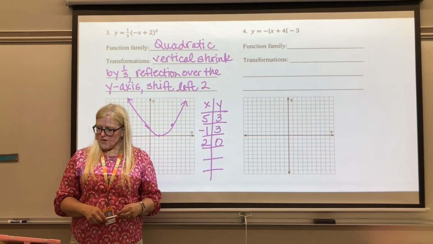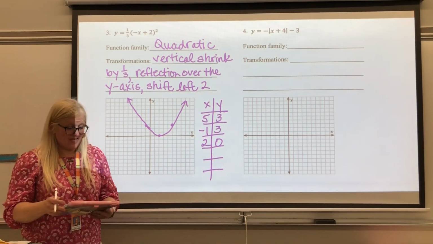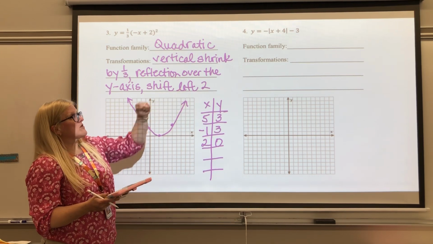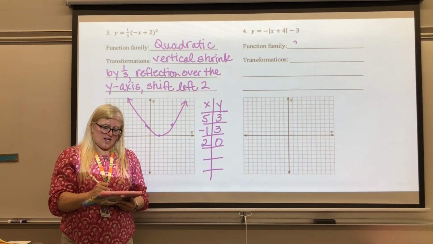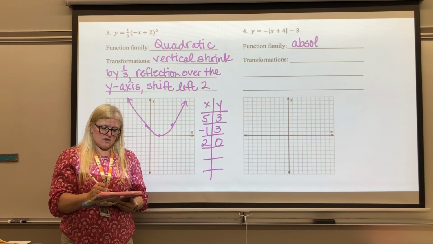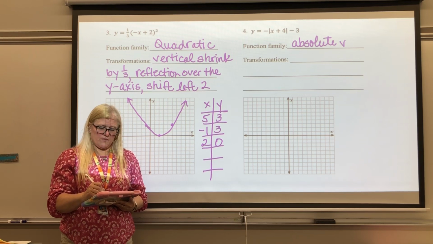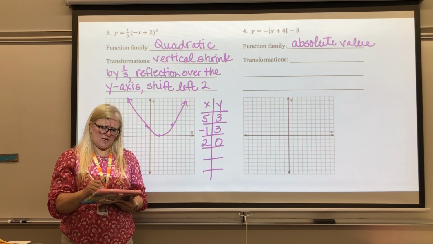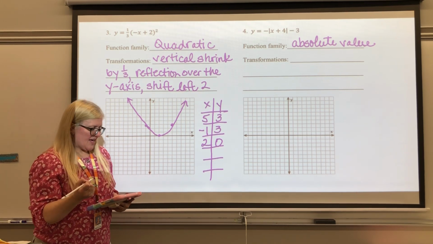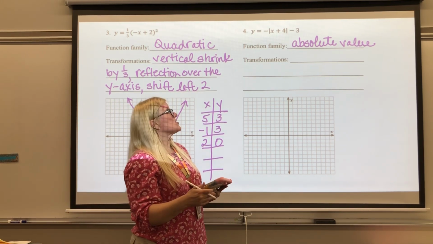Okay, number 4, we've got another one of these, okay? We have absolute value signs, that's the bars. So it is absolute value, okay? And I see 3 transformations.